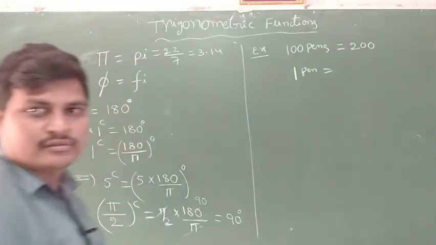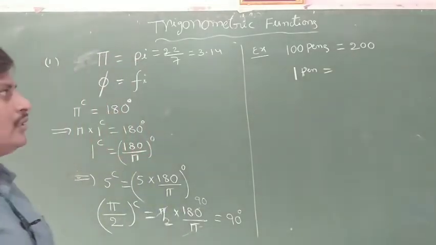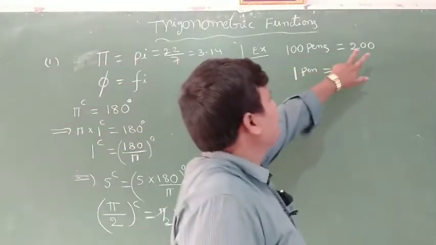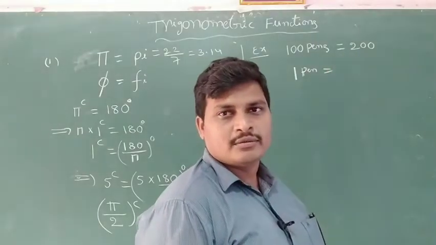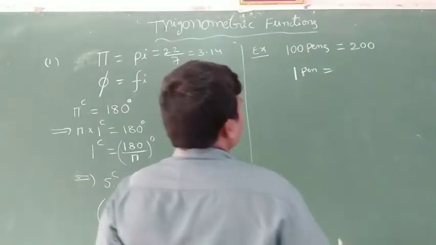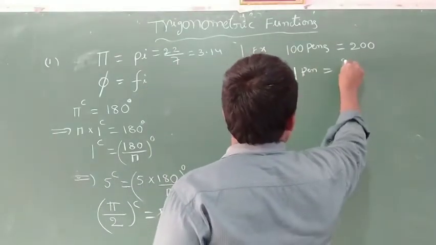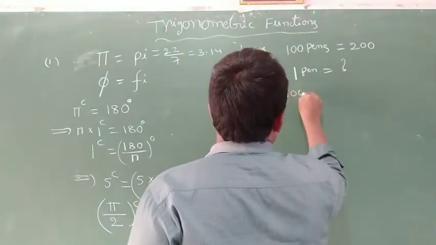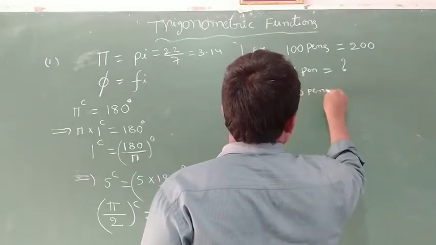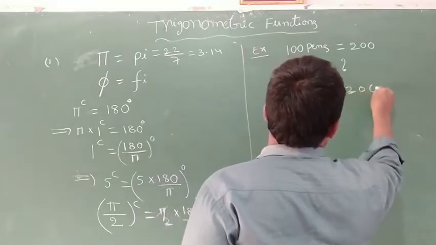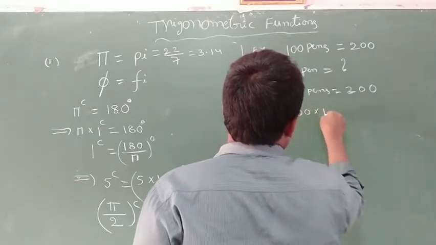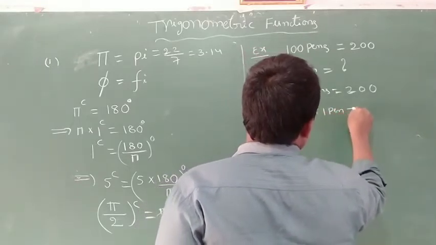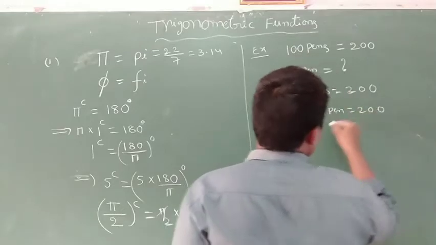It's simple. 100 pence means 100 into 1 pen, which is equal to 200 rupees.